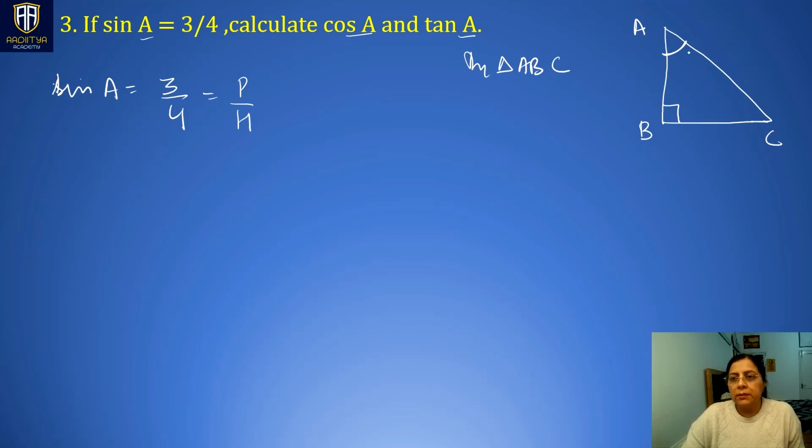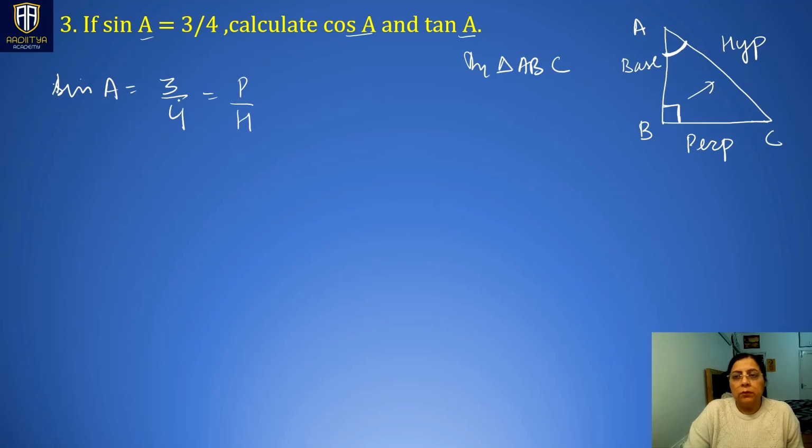Let me mark these things in the figure. If angle A is the concerned angle, this is 90 degrees, the side opposite to this is called the hypotenuse. Now for angle A, this side has to be the base, so this becomes the perpendicular. I hope this is clear now.